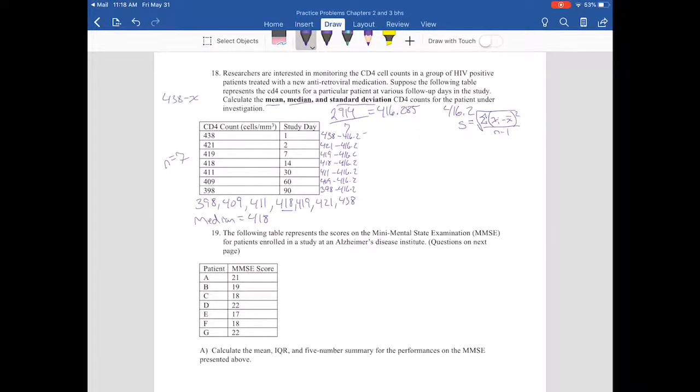Once you find the deviation, for this one, you get 21.8. If you already know you're going to square it, just square that answer right away. It saves time from putting it back in, especially if you get a negative value, because if you re-enter a negative value without parentheses, you're going to get a negative result. And remember, anytime you square a negative value, you're going to get a positive one.